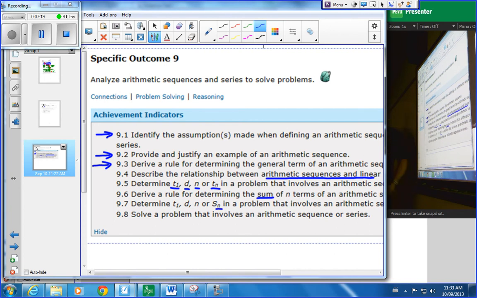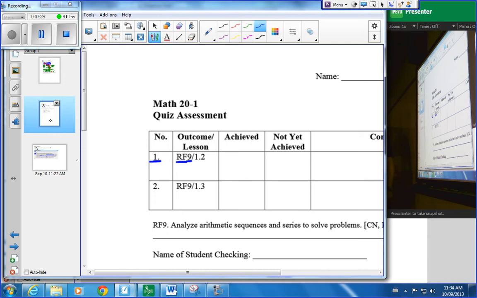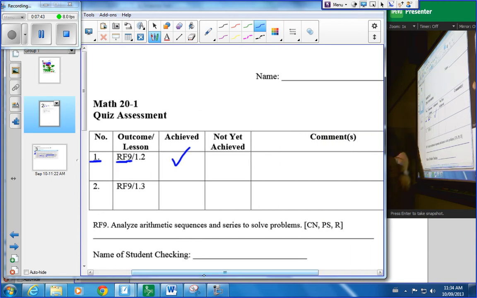But these particular questions just are the straightforward ones. They've looked at the first 3 achievement indicators, or the first 3 specific outcomes. So if you got the first question right, you can say, you know what, I achieved that. I got that part of it. If you haven't, well then check this. That's fine. And maybe make a comment.